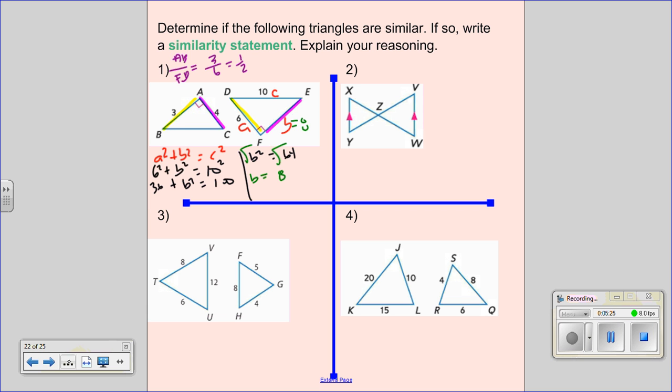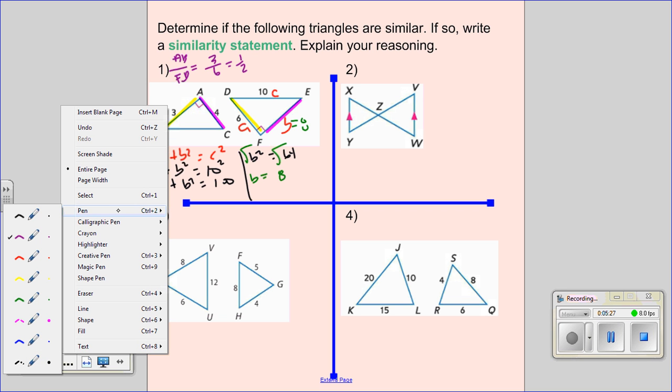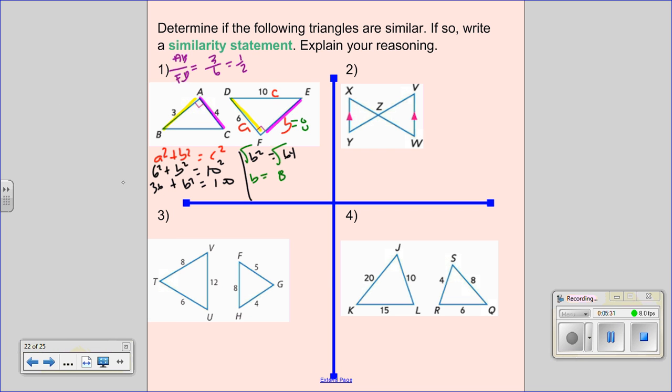Then I would check the ratio for the other corresponding sides. So AC is to FE. AC is 4, FE is 8, and that reduces to 1/2 as well.